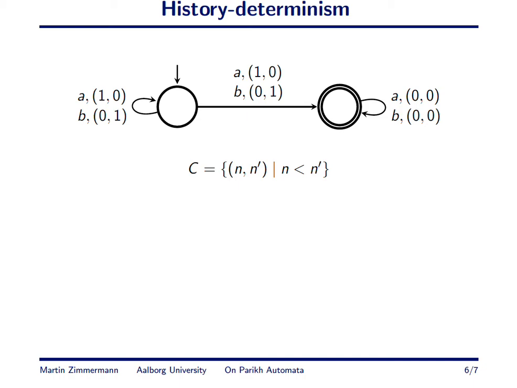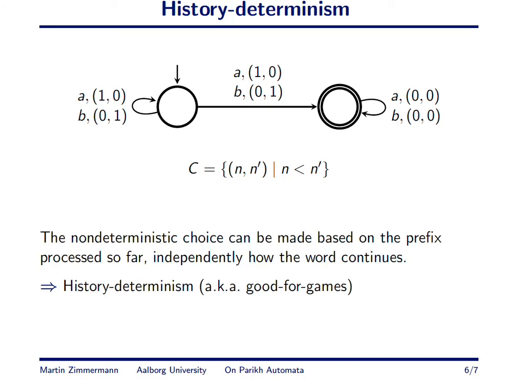So you don't need access to the future of the word, the whole word, to construct an accepting run. And this is exactly the definition of history determinism. The non-deterministic choice can be made based on the prefix processed so far and the next input letter, but independently of how the word continues afterwards. Okay, and this is called history determinism or good for gameness.